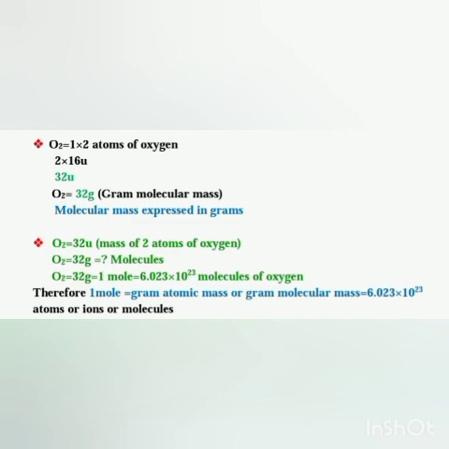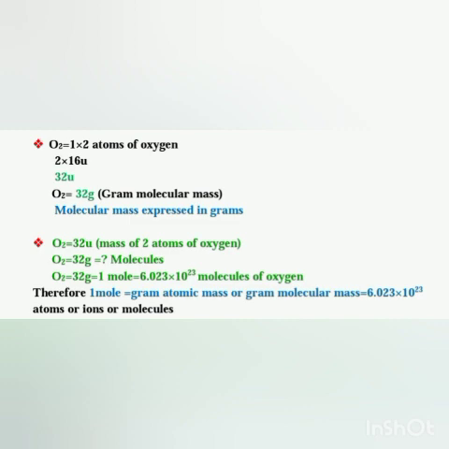Means in 32 grams there are 6.023 into 10 raised to power 23 molecules of oxygen, or 6.023 into 10 raised to power 23 molecules of oxygen have a mass equivalent to the gram molecular mass of oxygen, that is 32 grams, and it is also equal to 1 mole.